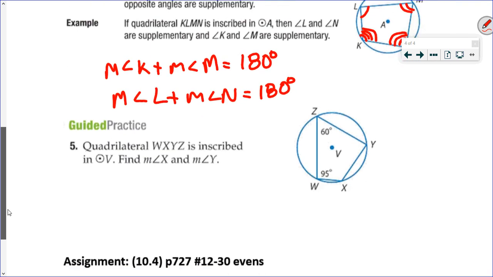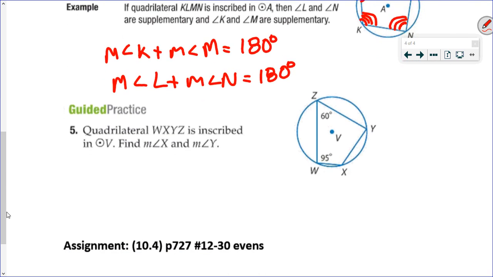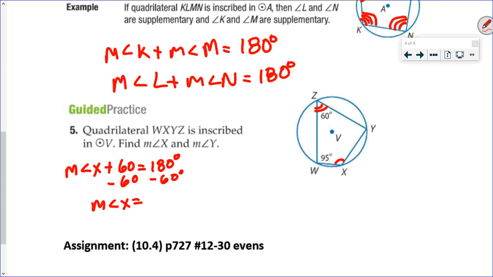Quadrilateral WXYZ is inscribed in circle V. Find the measure of angle X and the measure of angle Y. To find X, X is opposite of Z, so the measure of angle X plus the measure of angle Z, which is 60, should be supplementary. So the measure of angle X would be 180 minus 60, 120 degrees.